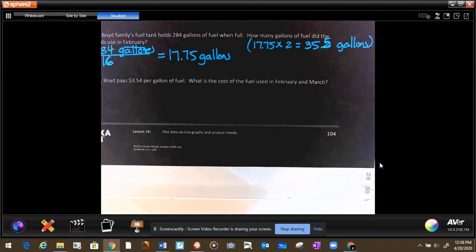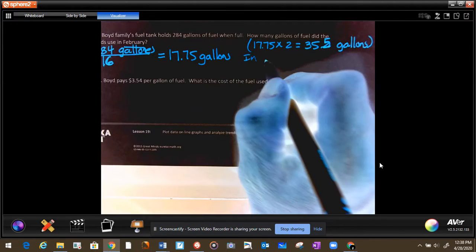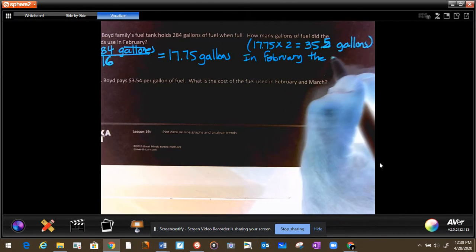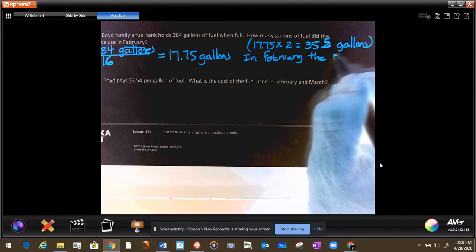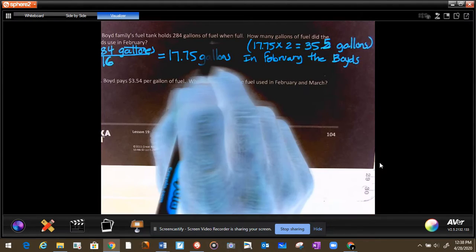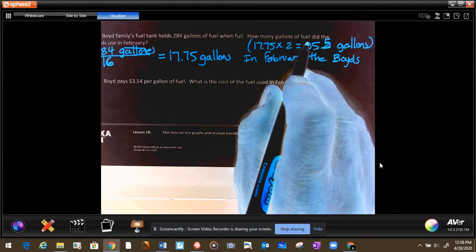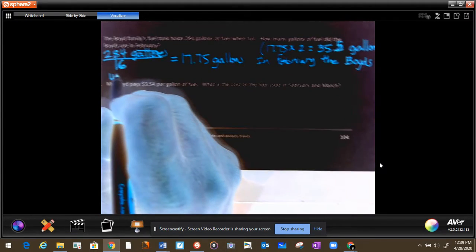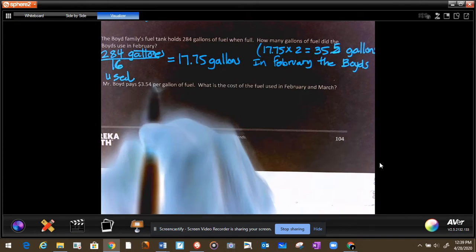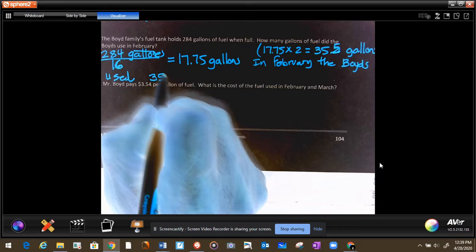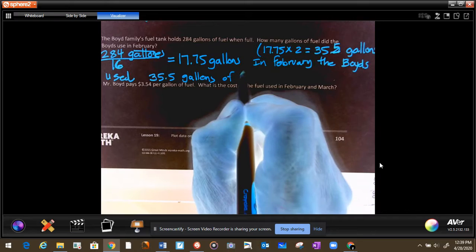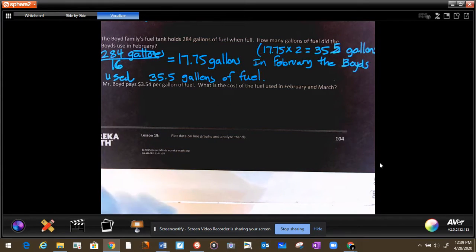Okay, so we can say that in February, the boys used 35.5 gallons of fuel. That's the answer for that particular question.